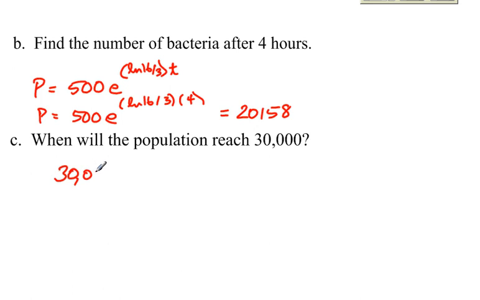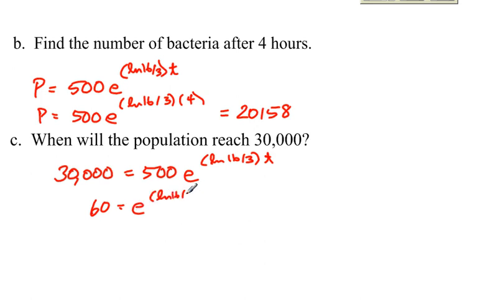This time 30,000 goes in here. I've got 500 e to the ln 16 over 3 t. First step is to divide by 500. So 30,000 divided by 500 is going to give us 60. So 60 equals e to the ln 16 over 3 t.